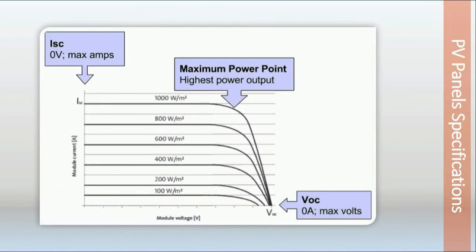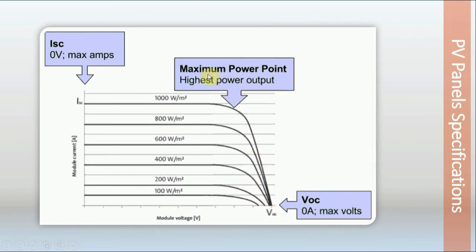So in this graph, we see all of the aforementioned items, like the short circuit current, which is the maximum current of the module, and also the open circuit voltage, which is the maximum voltage when the current is 0.